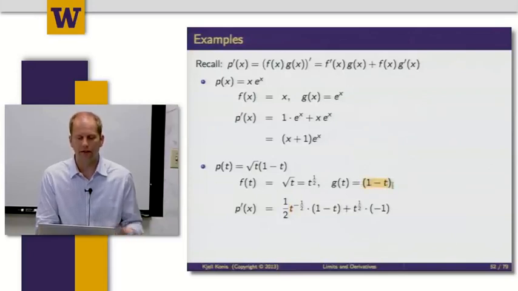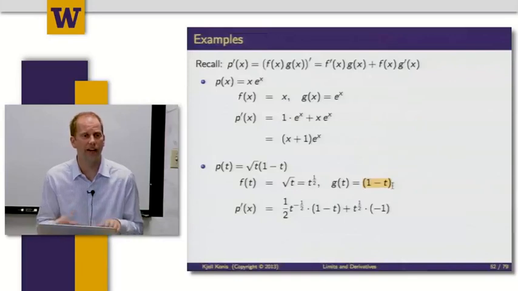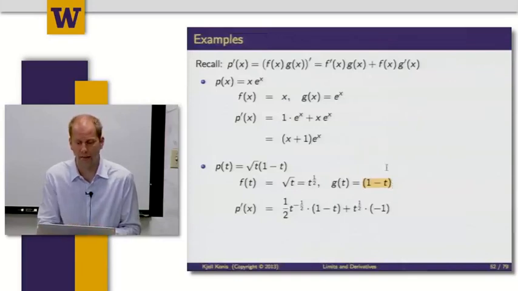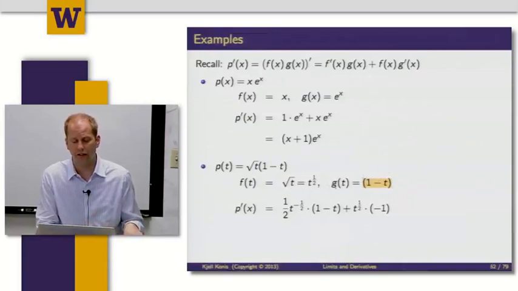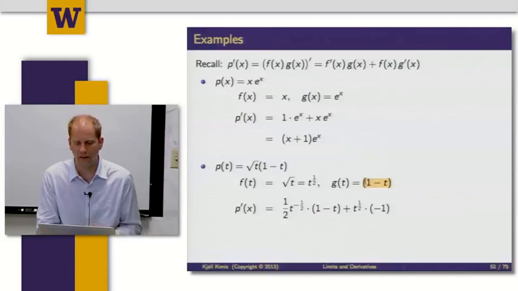And then for the derivative of 1 minus t, we have to, in our head, use the linearity principle and the power rule at the same time. The derivative of g of t is going to be the derivative of 1, which is a constant, so it's 0, and the derivative of minus t, which is just negative 1. So that's where this minus 1 comes from. It's the derivative of minus t.